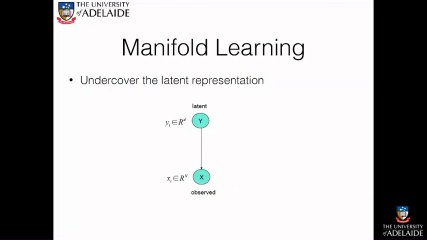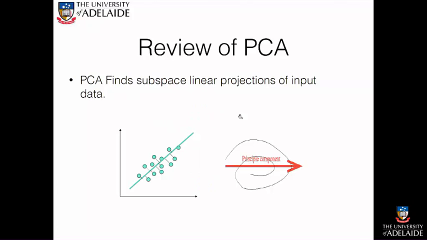So in the language of probability, we have the observed data, but we want to uncover the latent variables. If we put it into a Bayesian estimation framework, we need to estimate the latent variable.